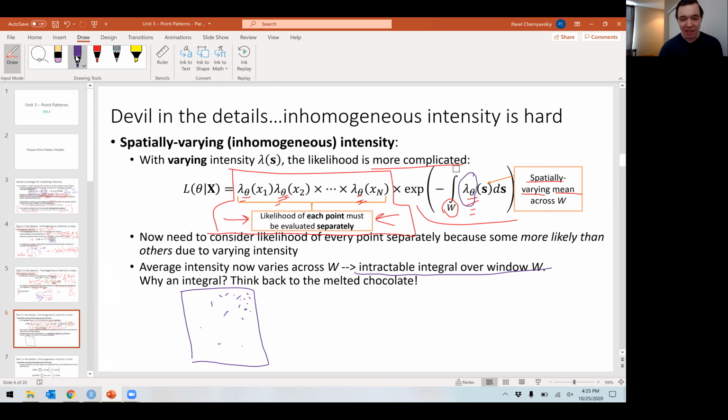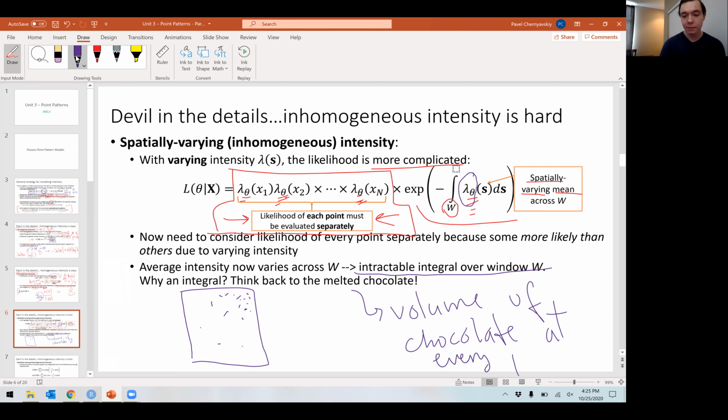What you're actually doing is taking a volume of chocolate at every point in your observation window.